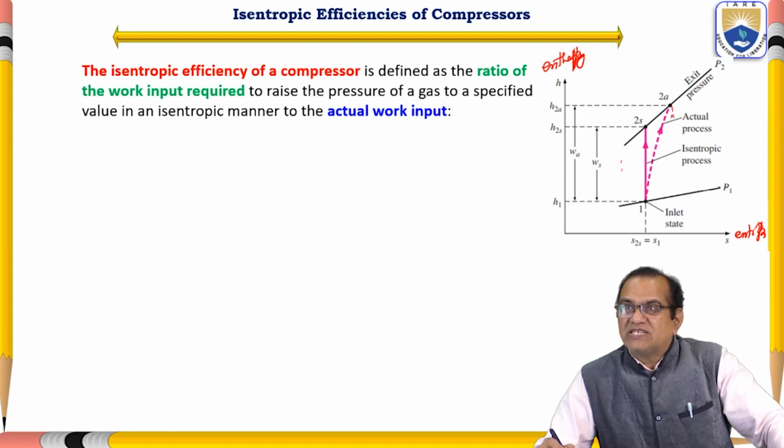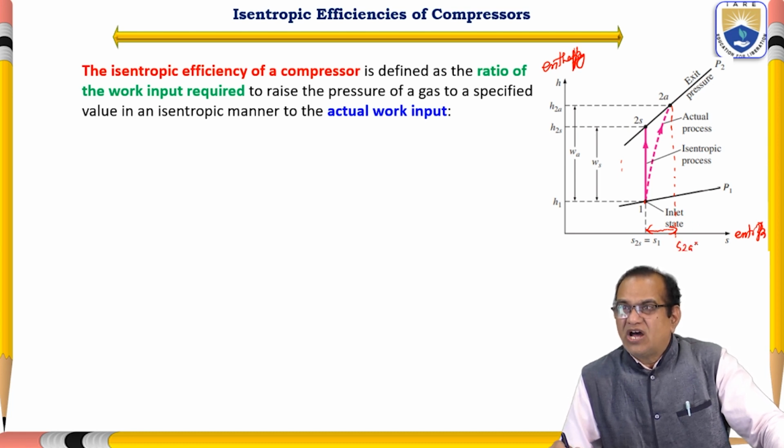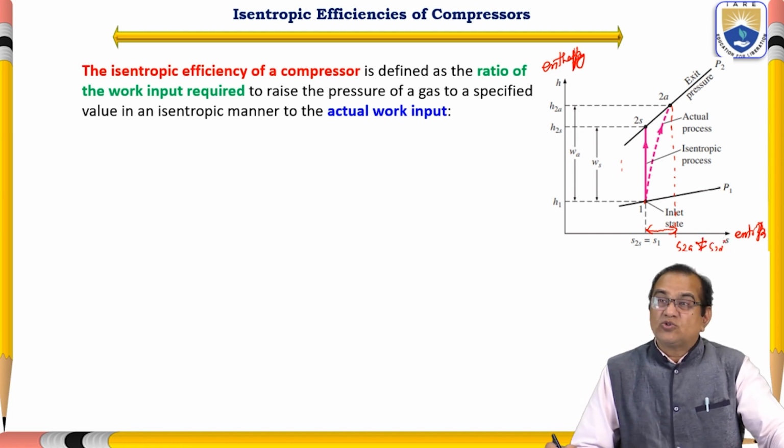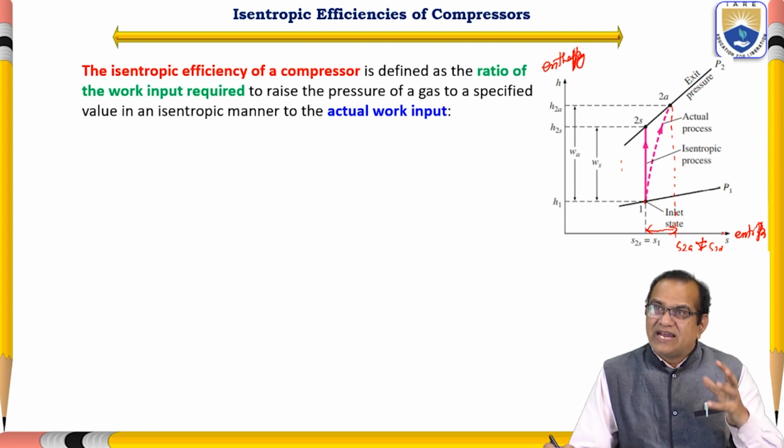In the actual process, there is some change in the entropy. But from 1 to 2s, it is a vertical line, S2s is equal to S1. But S2a is not equal to S2s. So there is a difference in that.